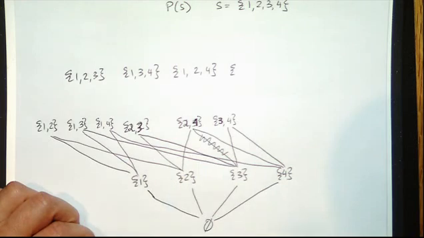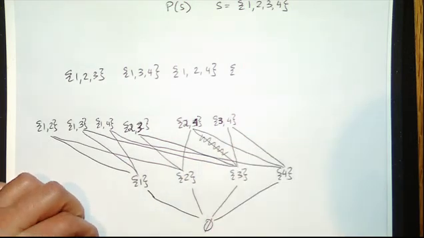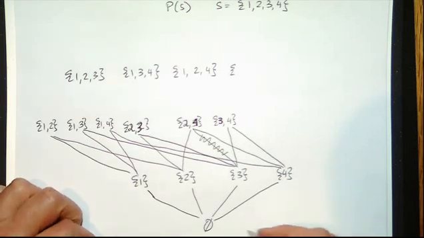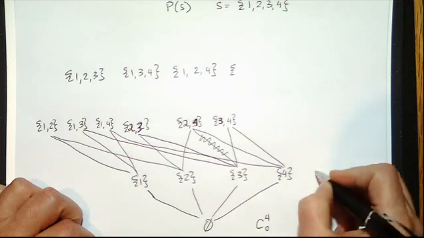There's going to be the same number of triples as there are pairs. Why is that? So this one is, out of the 4 elements, choose none of them.